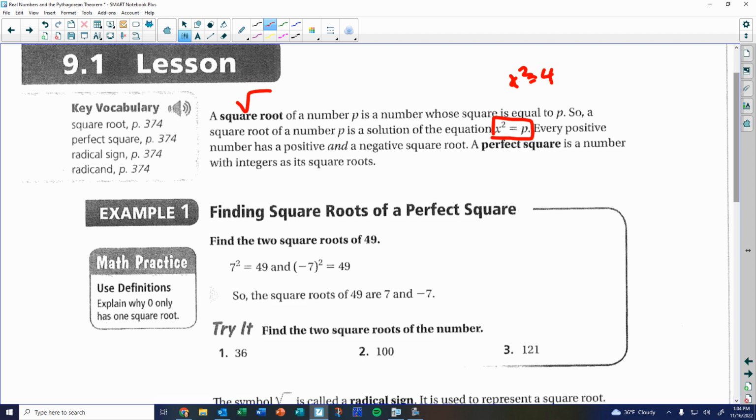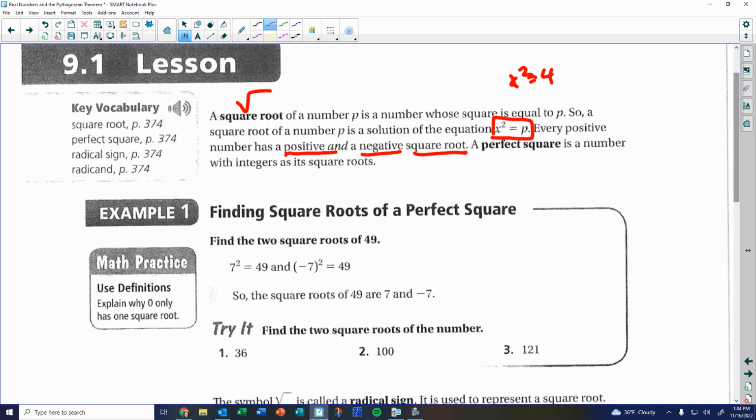Okay? So it says every positive number, so whether you're looking for 4, 9, has a positive and negative square root. Okay? Because again, a negative times a negative gives you a positive. So not only does a positive number work, the negative number works as well. Okay? And perfect squares deal with integers as its square root.